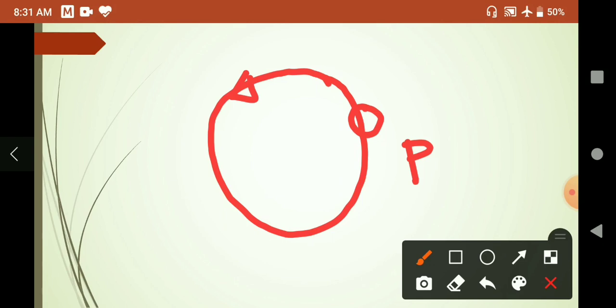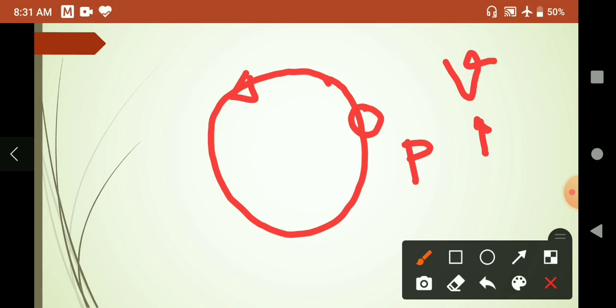Since the particle is undergoing a rotational motion, if you consider the velocity of the particle, let v be the magnitude of the velocity of particle P. As we know, velocity is a vector quantity. It has both magnitude and direction. We assume that the magnitude of velocity of particle P is small v.